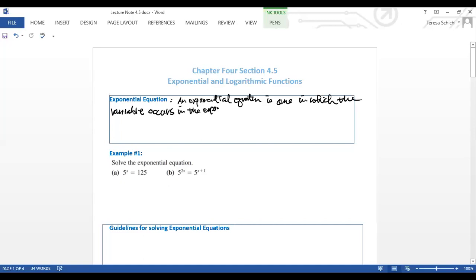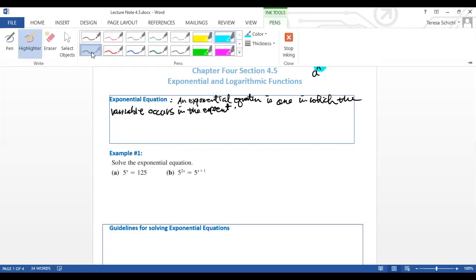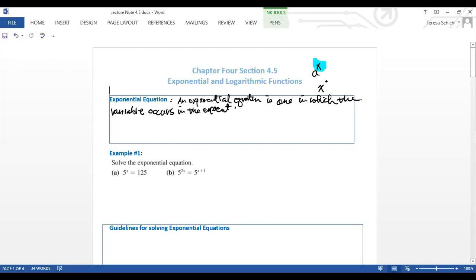This is how we distinguish exponential functions, because the variable is in the exponent. This is how we distinguish them from those with x to the 8th power, which are power functions. So that's the difference here.